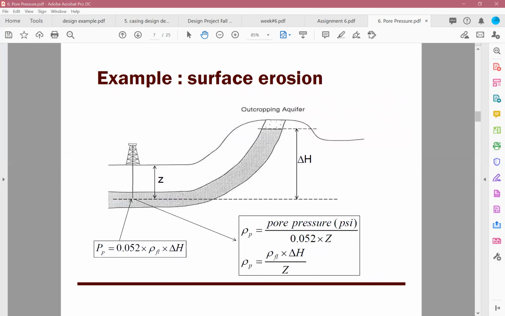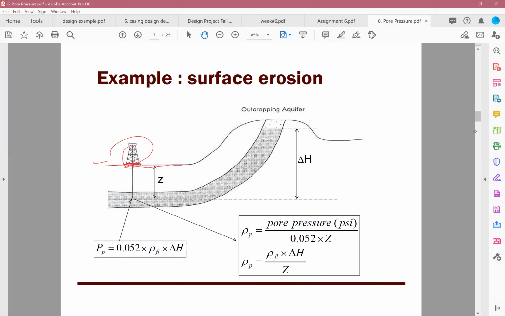Now, what else? For example, you're drilling a wellbore here, right? And you had some erosion happen, and you are basically here, right? Your actual land was here if you continue, but your land has eroded after millions of years, right? And now here is your surface.